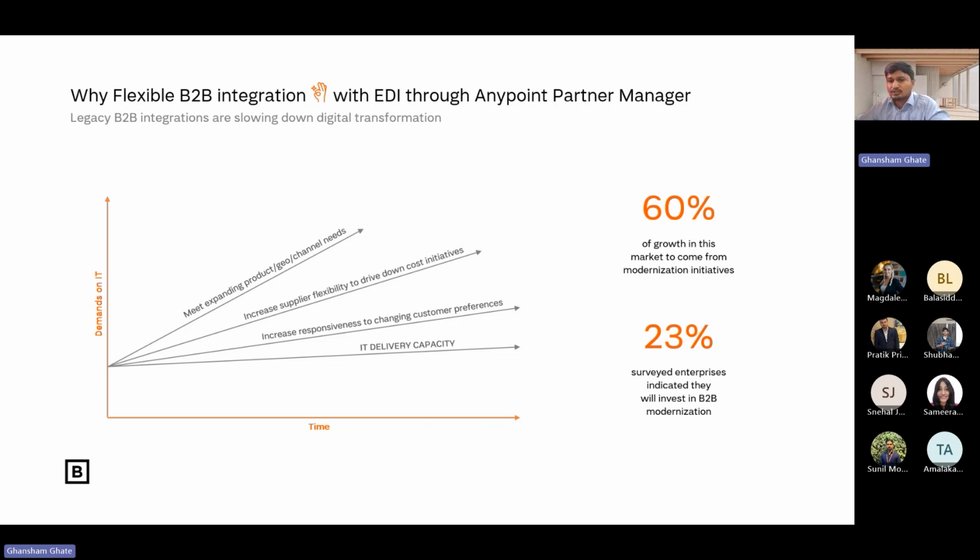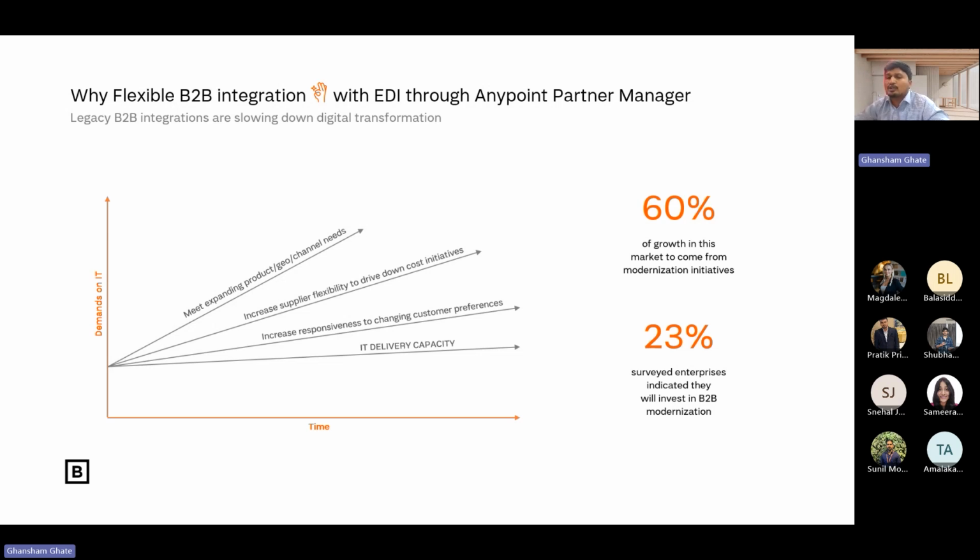Then there are some numbers on the right side, like 60% of the growth in this market coming from modernization initiatives. That means there are still legacy systems doing EDI communication, but they are slowing down the business.